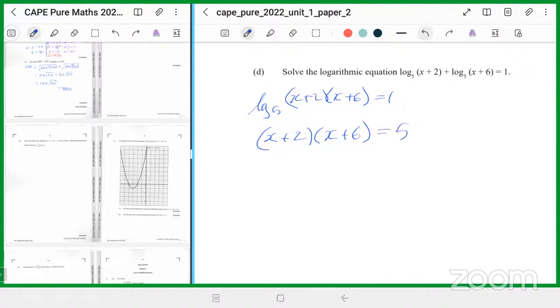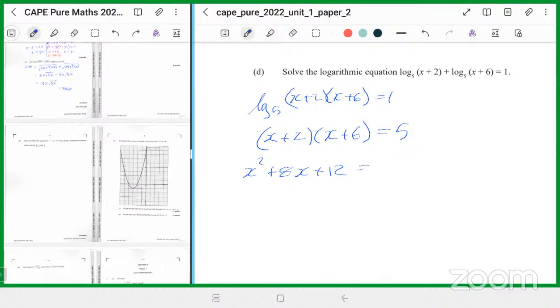So the number is equal to 5. Expand this out, we get x squared plus 8x plus 12. The far product and the near product give me the middle term, that's 8x. 2 times 6 is 12.